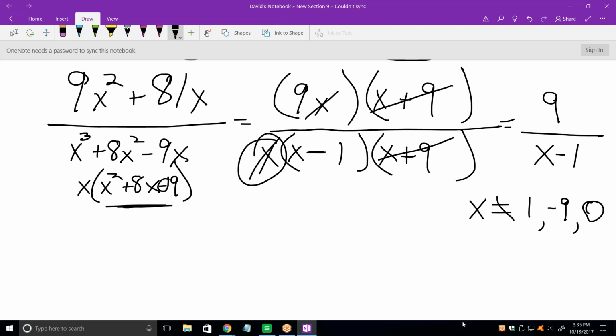In other words, our final answer was 9 over x minus 1. So it's real clear that x can't be equal to 1. But it can't be equal to these other two also because of the original problem. You always go back to the original problem. And if I were to substitute -9 or 0 for x, my denominator is 0. Verboten.